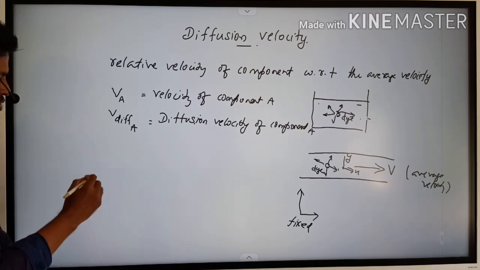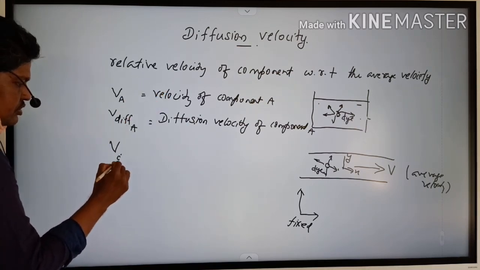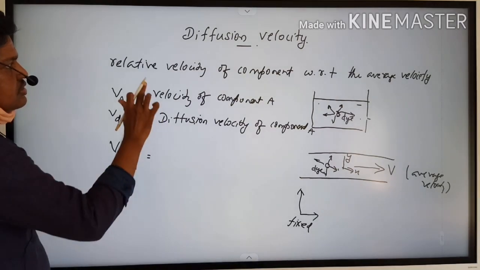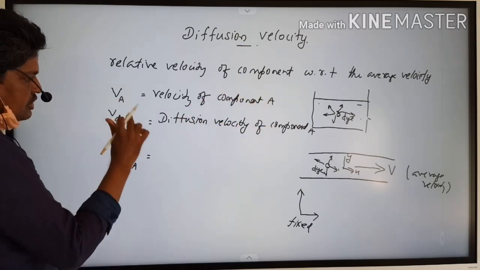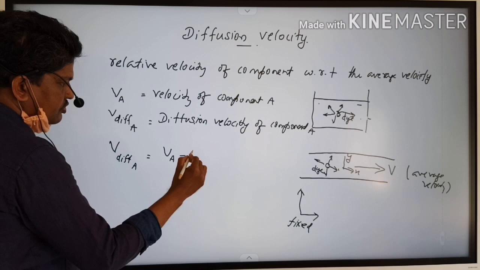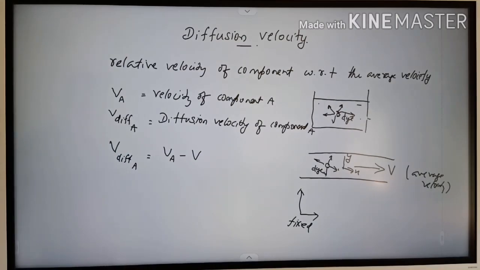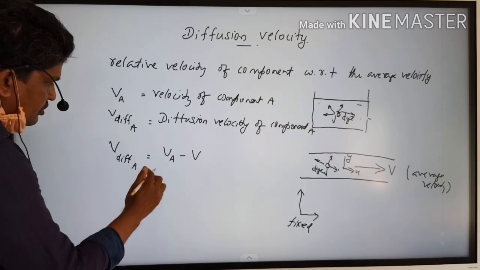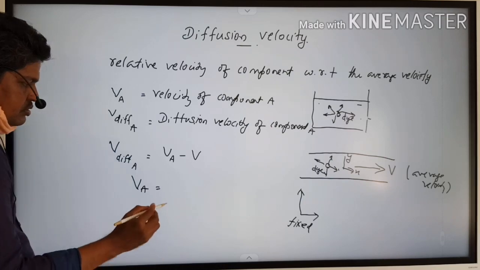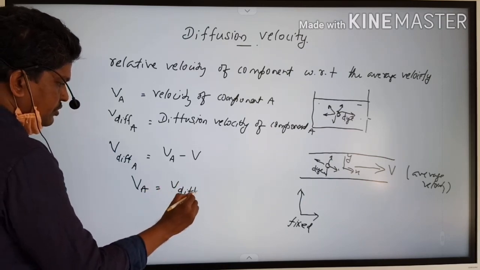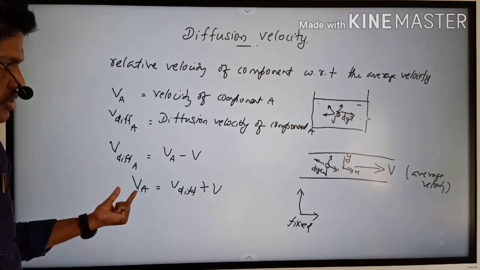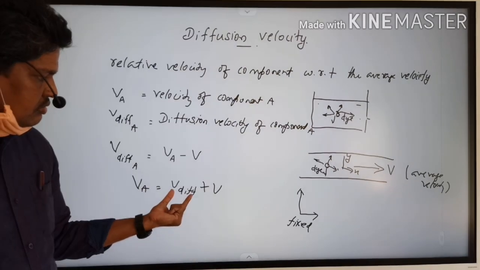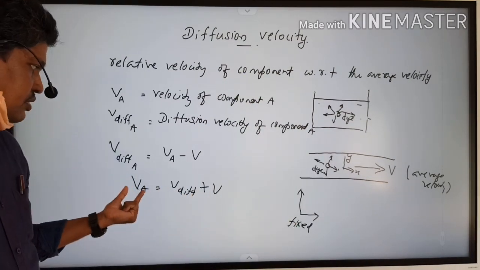Then we can write V diffusion, the diffusion velocity of A, which is the relative velocity of the component with respect to the average velocity, which is equal to VA minus V, or VA can be written as V diffusion plus V. So here VA is the velocity of the component with respect to the fixed coordinate, that is the absolute velocity of the component.